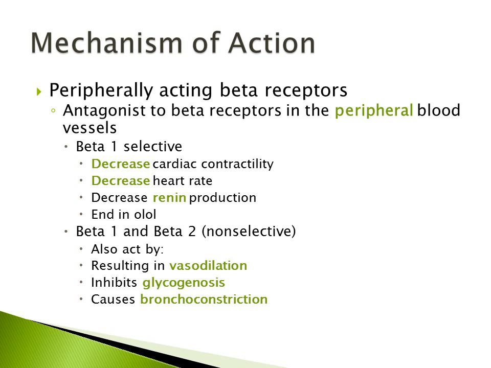The ones which are working on beta-1 only are going to work primarily on the heart and the kidneys. Acting on the heart, they're going to decrease contractility, and they're going to decrease heart rate. By doing this, they decrease the cardiac output, which then decreases the blood pressure. They're also found on the kidneys, because beta-1 typically are heart and kidney type receptors.